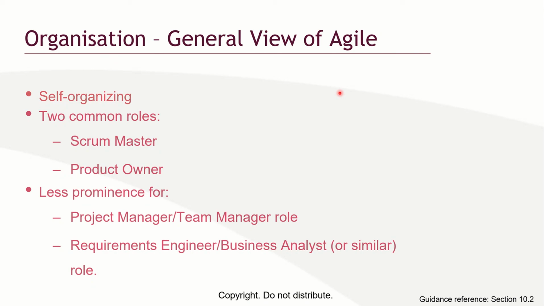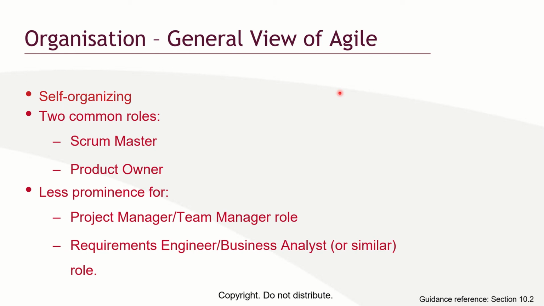Organization is another aspect, which is another theme that we'll talk about. What is the general view of Agile in terms of organization? Organization is another theme that we have in Prince2. We've talked about business case. Another one is organization.